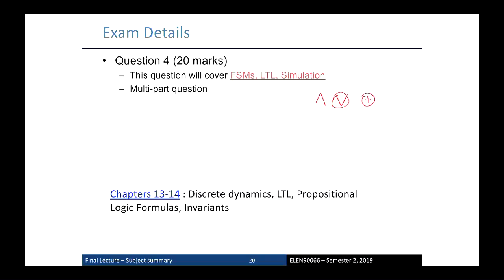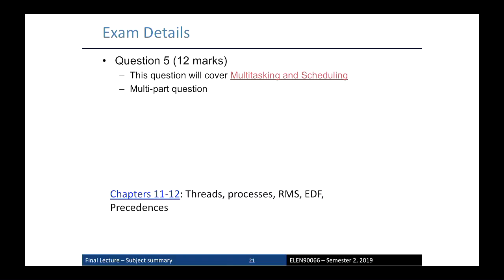Right, question 5, 12 marks. Does anyone want to shout out a topic and try and guess? We've got 3 questions to go. It was too easy. But there's an M word as well: multitasking and scheduling. So this covers chapters 11 and 12.